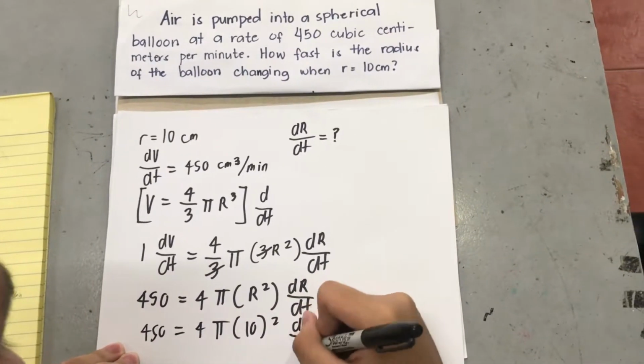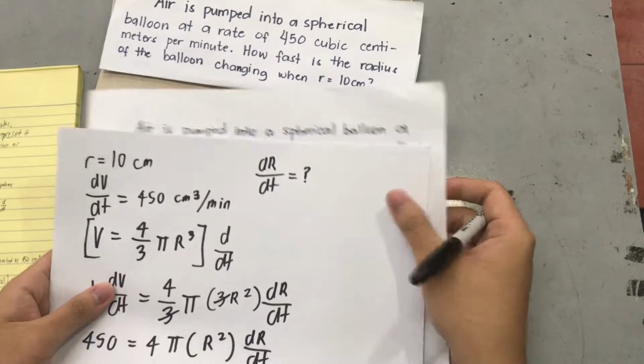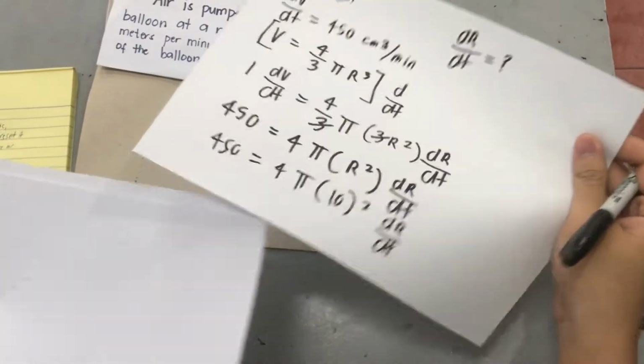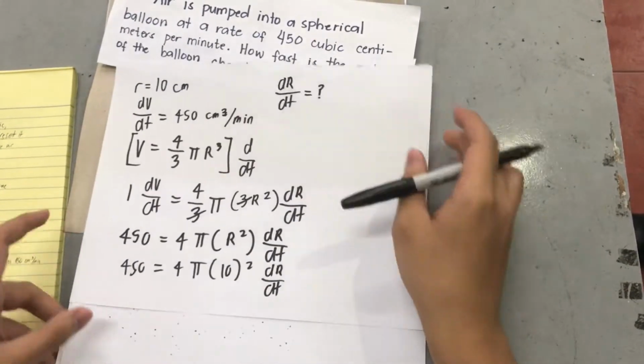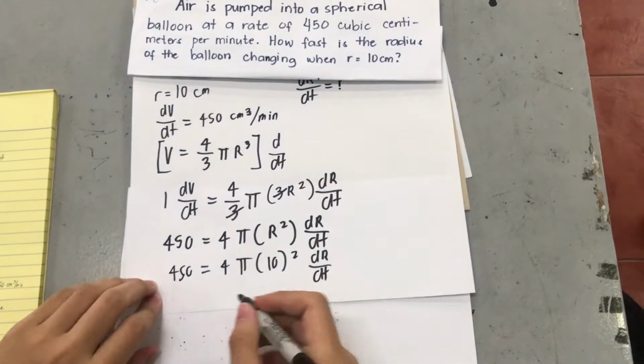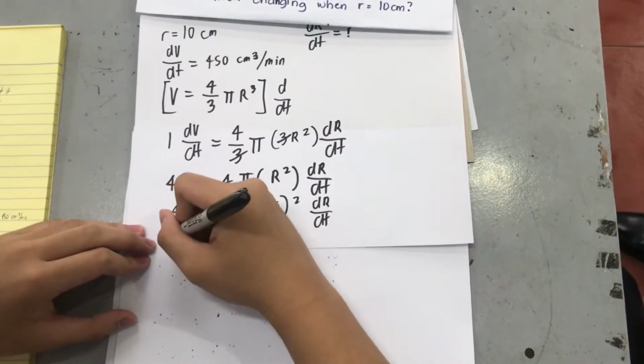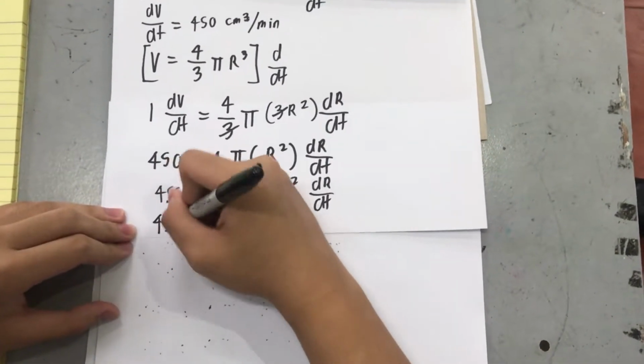10 squared. Now, running out of space. Oops, sorry. Now, if we multiply 10 squared by 4, we get 400.